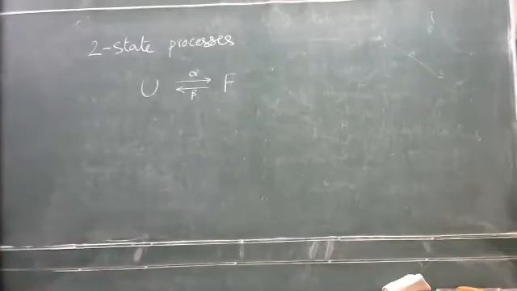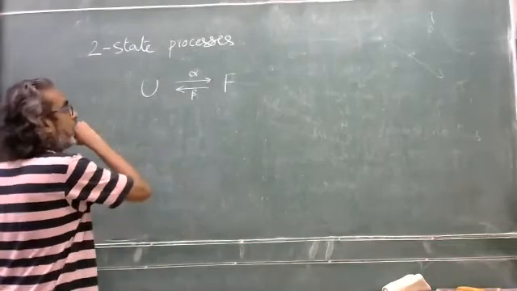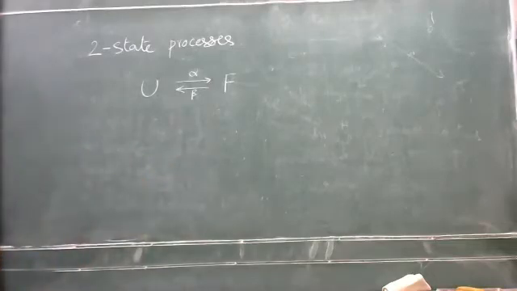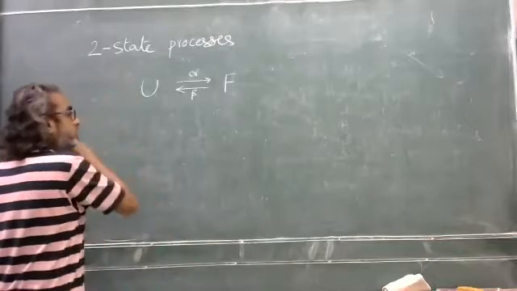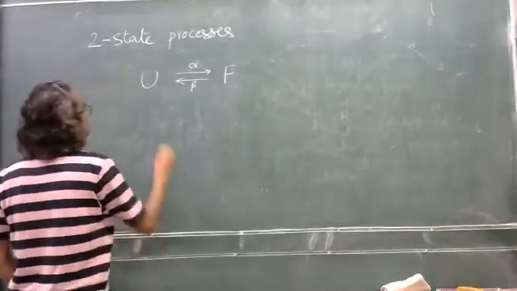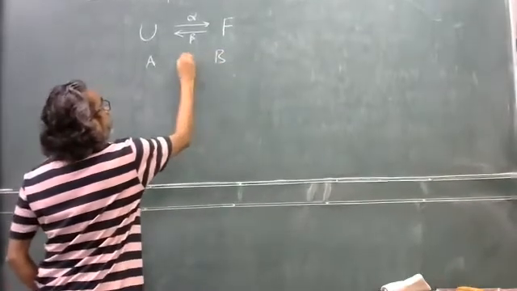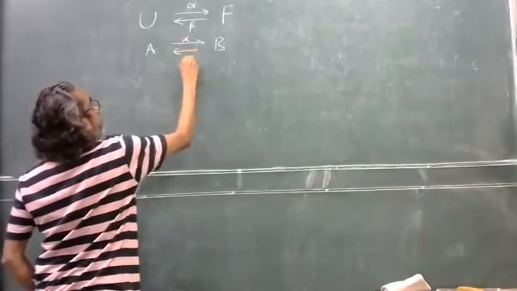Let's do a very general formalism, so that you will be familiar with how the rate constant is related to the concentration of species. For simplicity, I'm writing two states A and B, going forward and backward with alpha and beta.